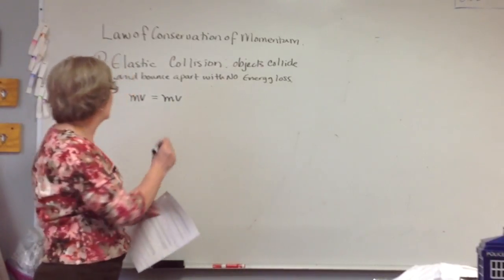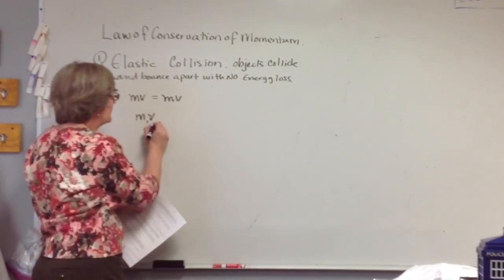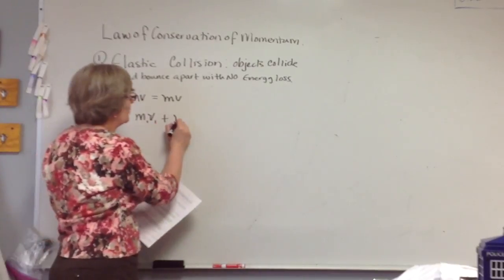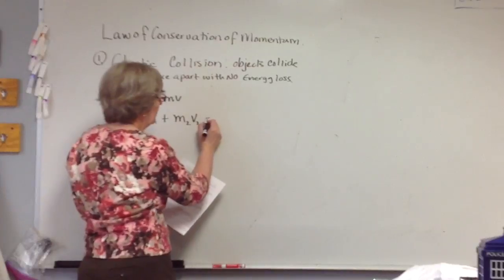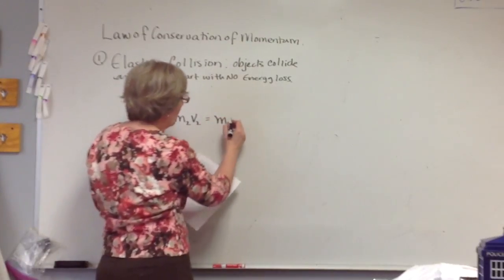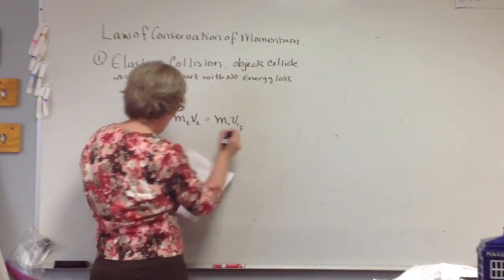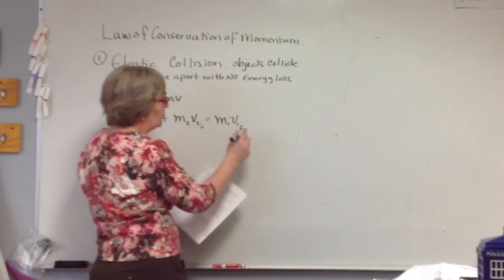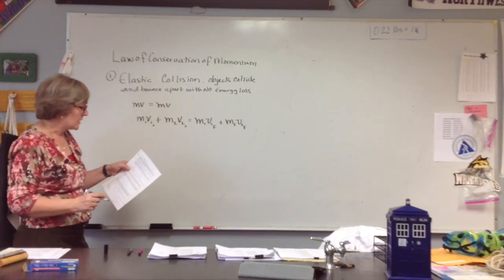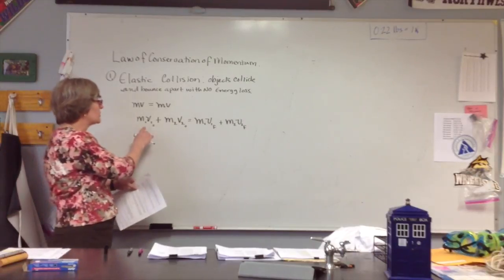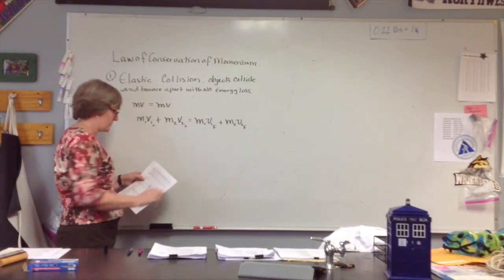And you write it like this: m1 v1 initial plus m2 v2 initial equals m1 v1 final plus m2 v2 final. The subscripts 1 and 2 refer to the objects respectively.